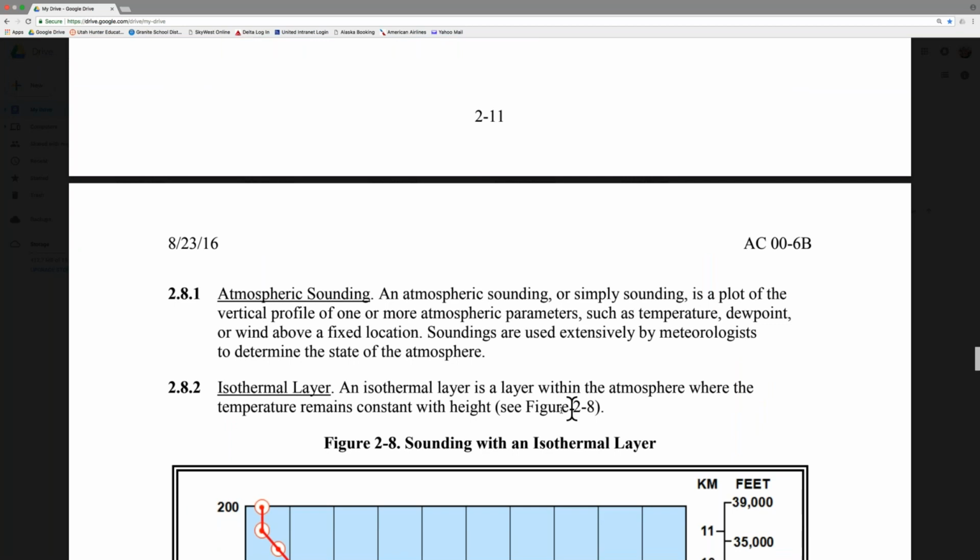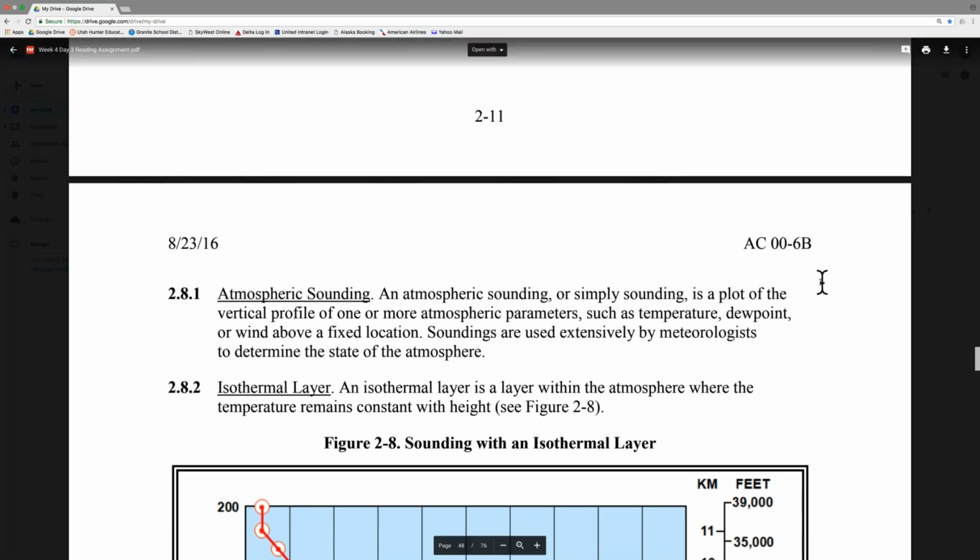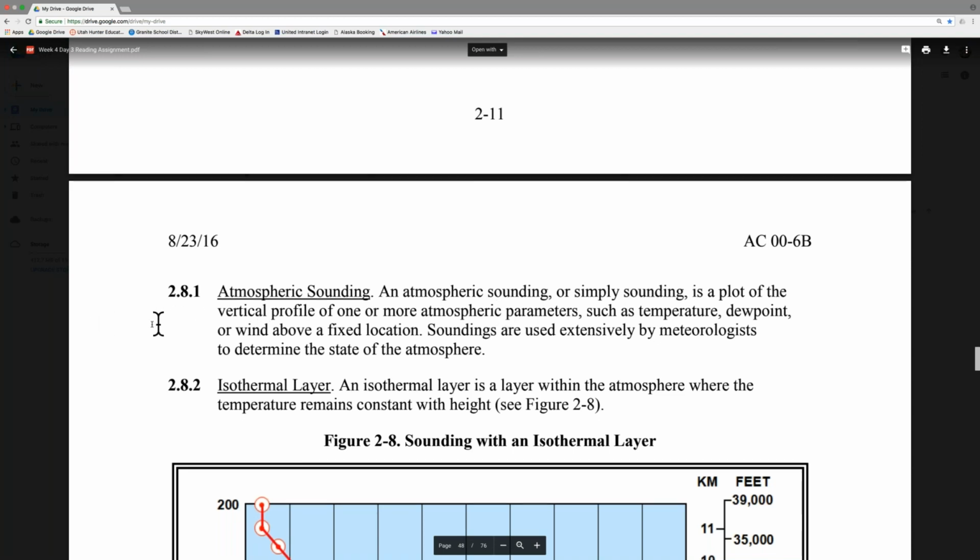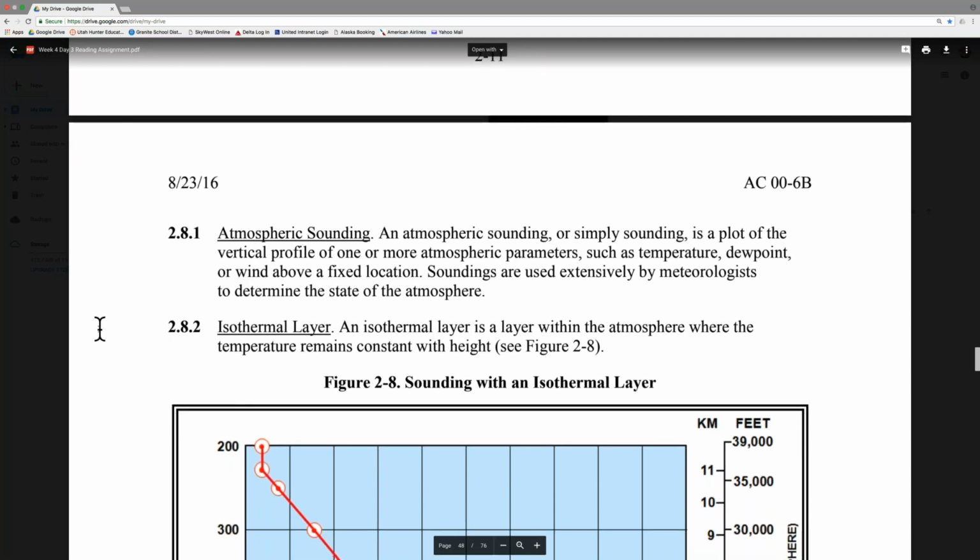An atmospheric sounding, or simply a sounding, is a plot of the vertical profile of one or more atmospheric parameters such as temperature, dew point, or wind above a fixed location.